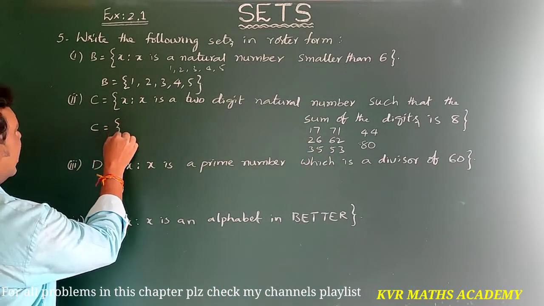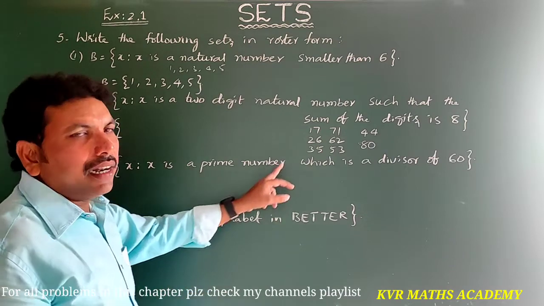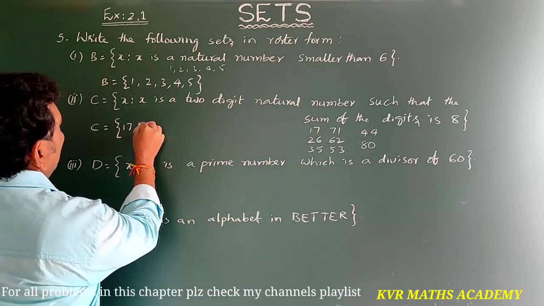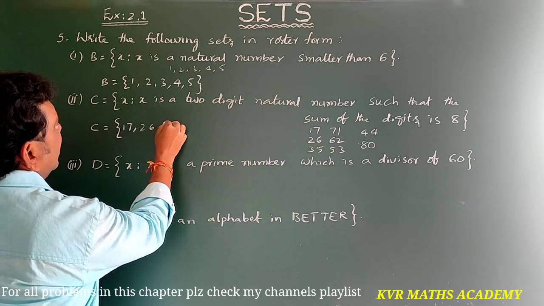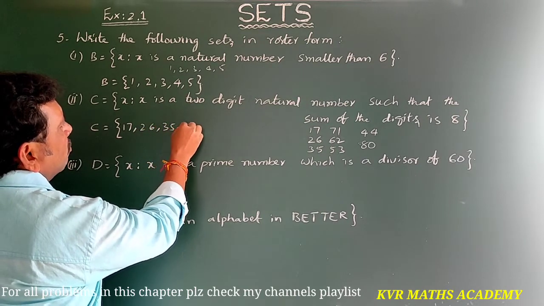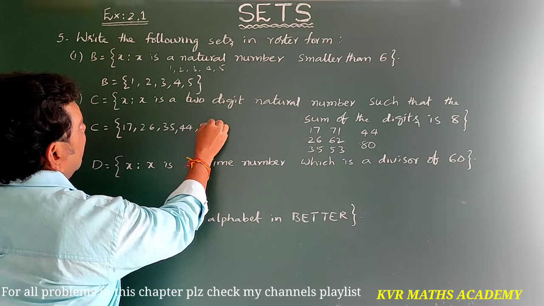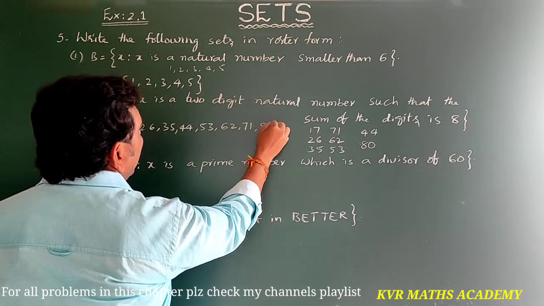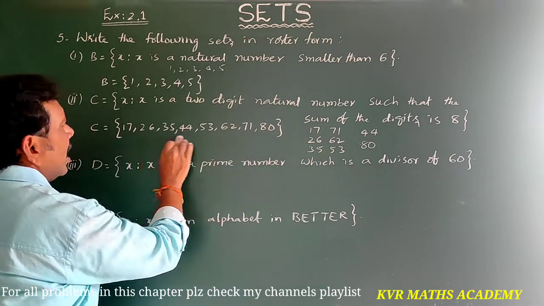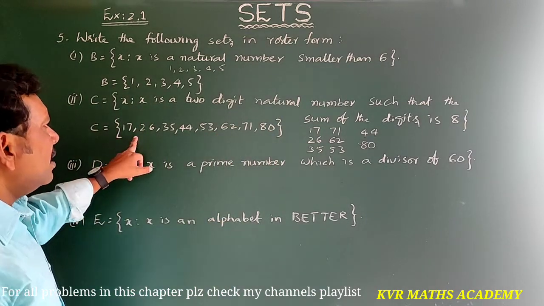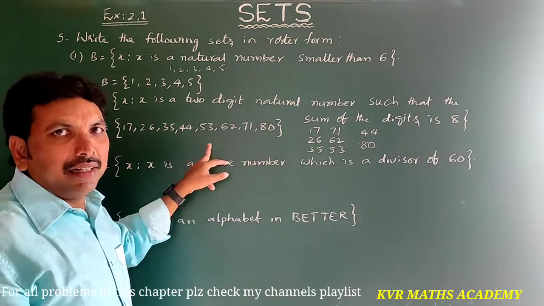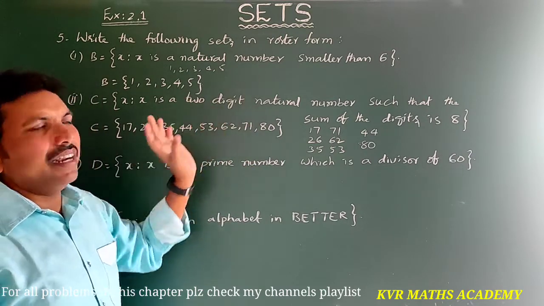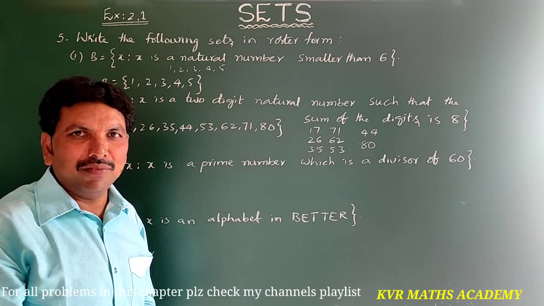C is equal to the set of, in ascending order, let us write, 17, 26, 35, 44, 53, 62, 71 and 80. So these I have written separated by commas in the flower bracket, right? This is the roster form of the given set builder form.